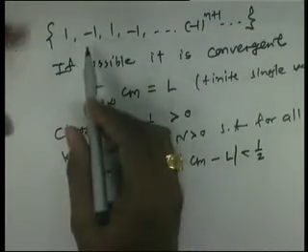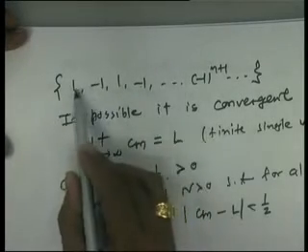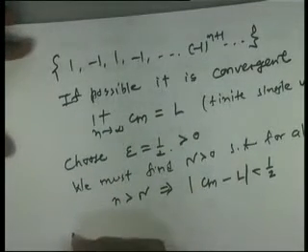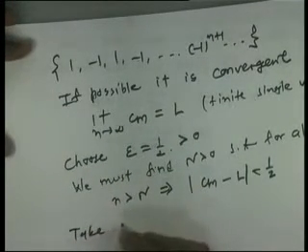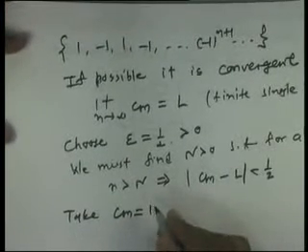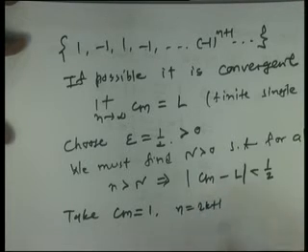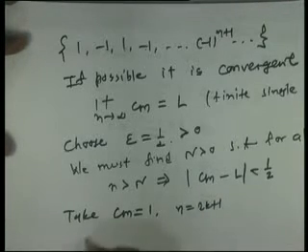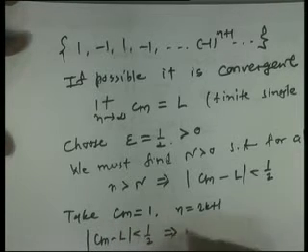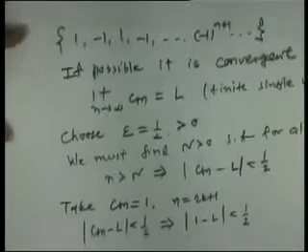Here we can see that all the terms of the sequence are 1, minus 1, 1, minus 1. In this sequence, the first term, third term, fifth term and so on, all are 1. So let us take such a n when the sequence has value only 1. This is possible for n is equal to 2k plus 1 values. So modulus a n minus L less than 1 by 2 implies modulus of 1 minus L less than 1 by 2.